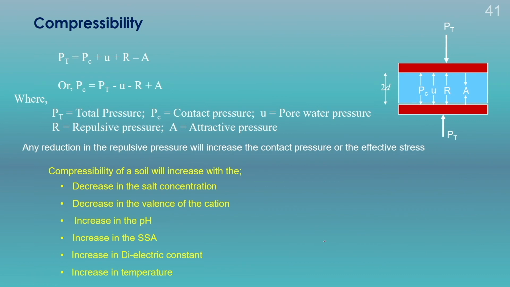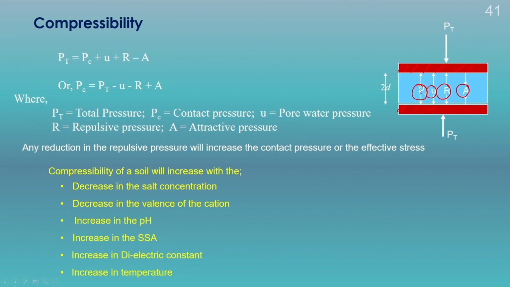Next, I will discuss the compressibility behavior. The compressibility behavior of a soil primarily depends on the contact stress or the effective stress principle. Here we can see two clay plates, and there will be the forces of repulsion, forces of attraction, the contact stress as well as the pore water pressure.